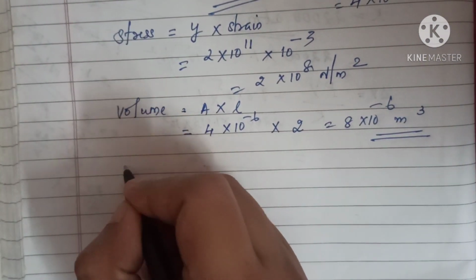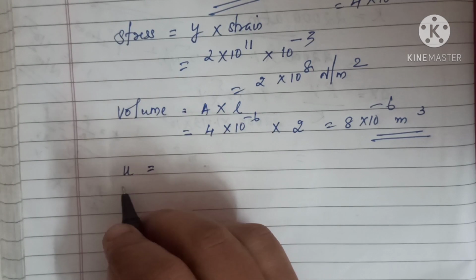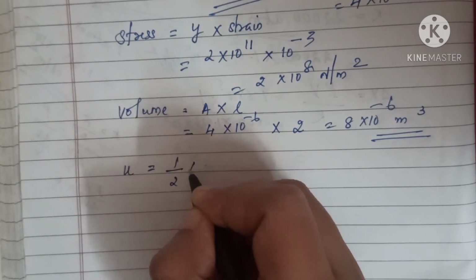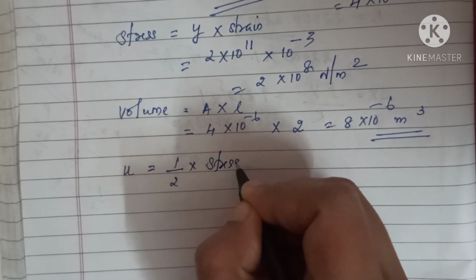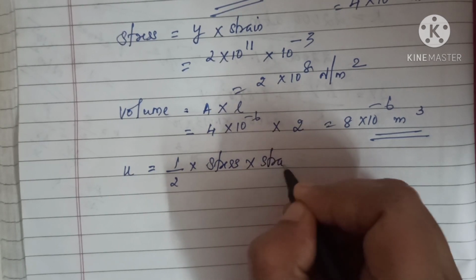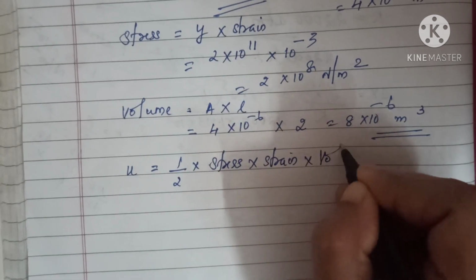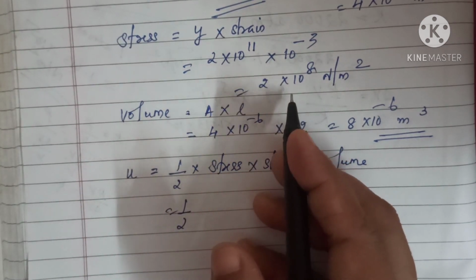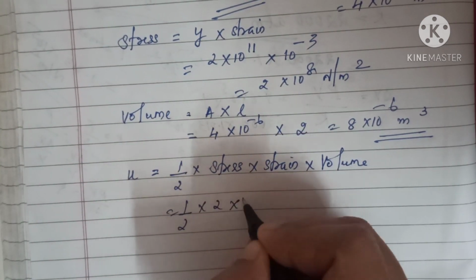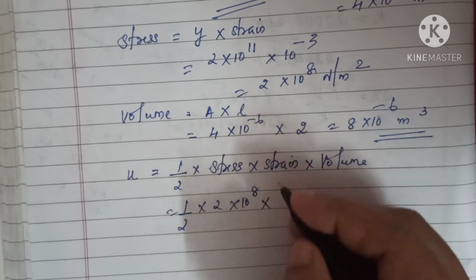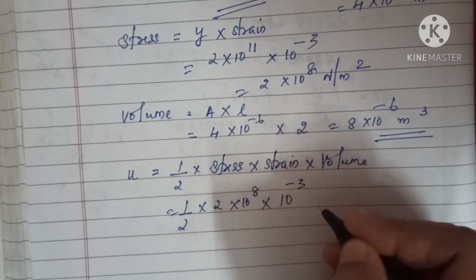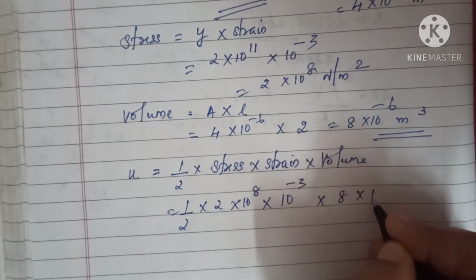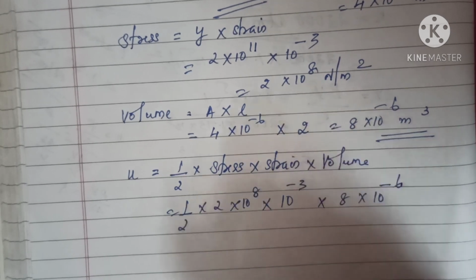So you can directly move to the substitution part, that is U equal to half into stress into strain into volume, that is half into 2 into 10 power 8, then strain 10 power minus 3 and volume 8 into 10 power minus 6.